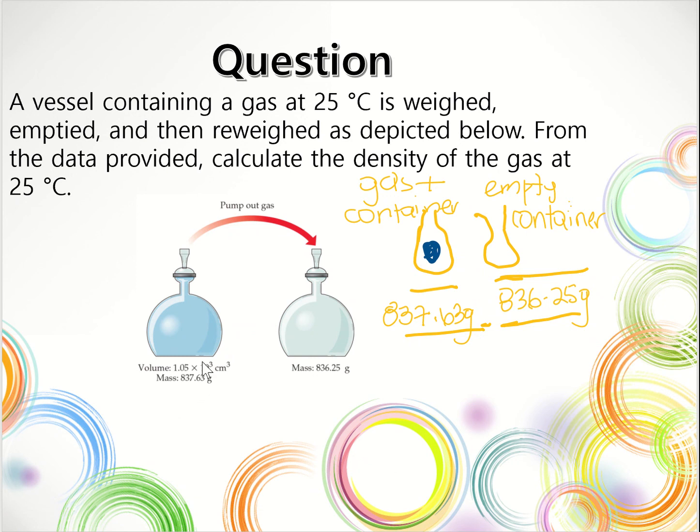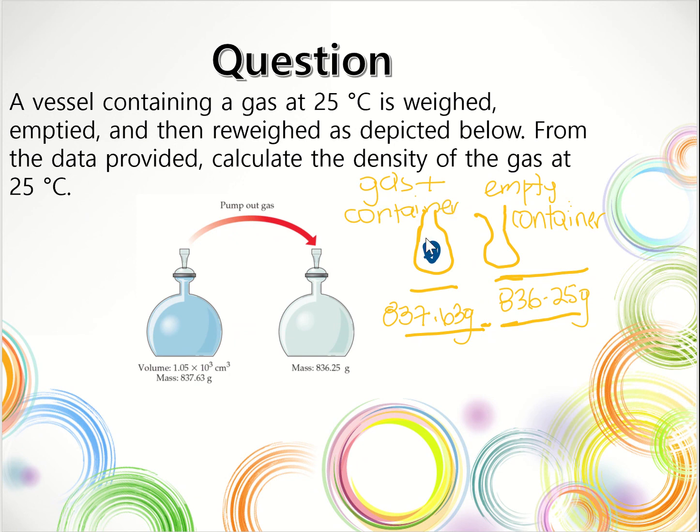All right, so this is the empty container, which has a mass of 836.25 grams. And then this is the container with the gas, right? So I have redrawn it, albeit not very well.